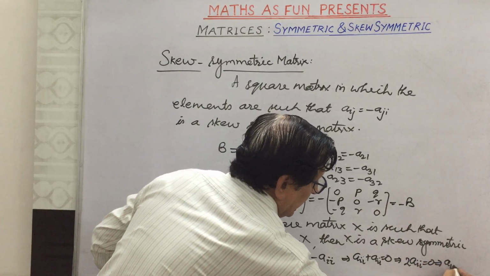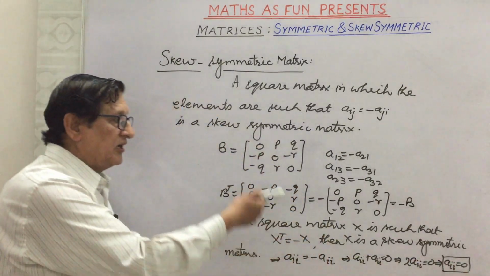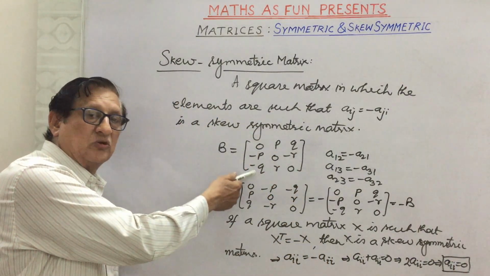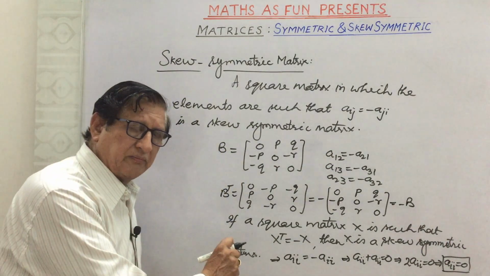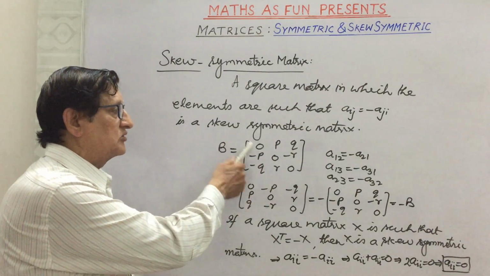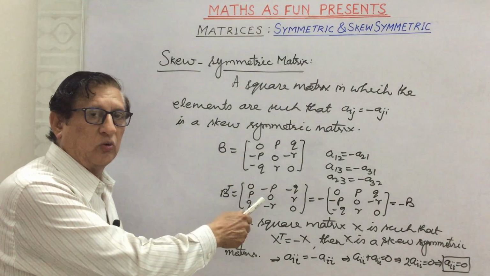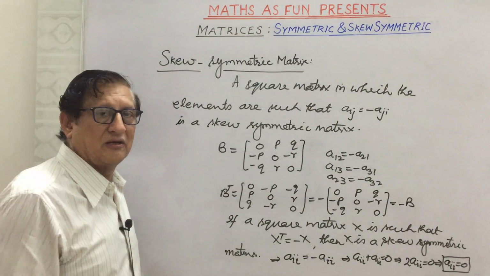It means aii is equal to 0. That shows that every diagonal element of a skew symmetric matrix is 0. So we have to remember that every element of main diagonal of a skew symmetric matrix is 0. If it is not, then it can't be a skew symmetric matrix.